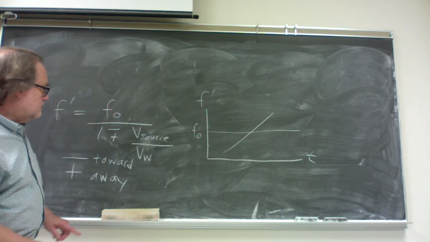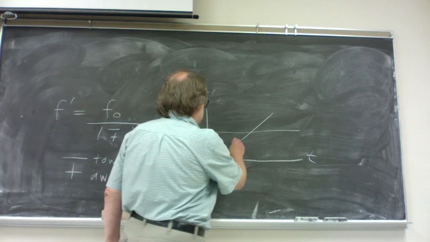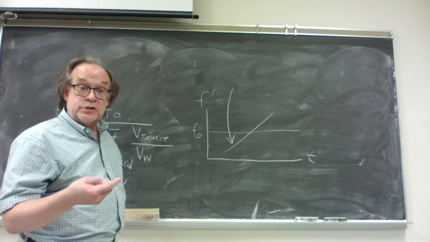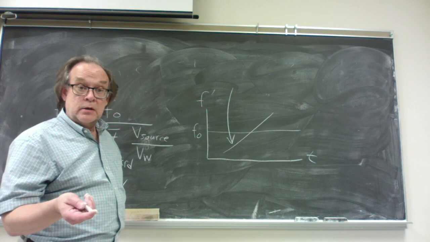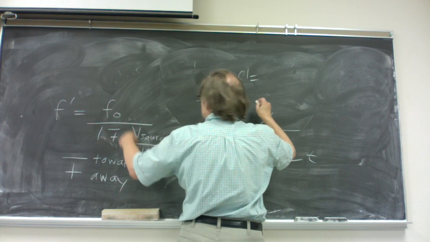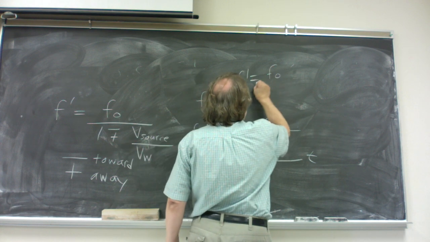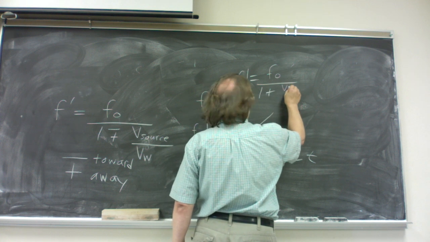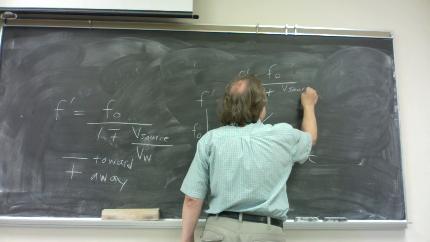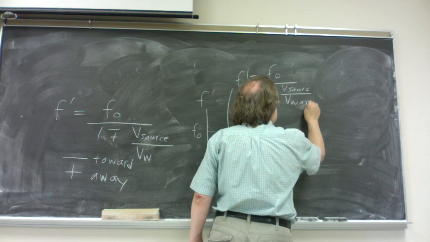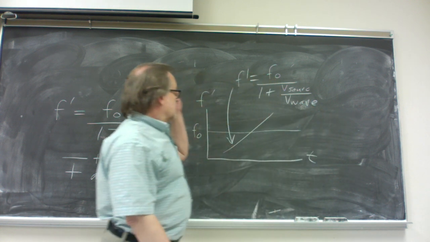Well, in this case, since the source is moving away from the observer, our equation is actually f0 over 1 plus that ratio of source over wave speed.